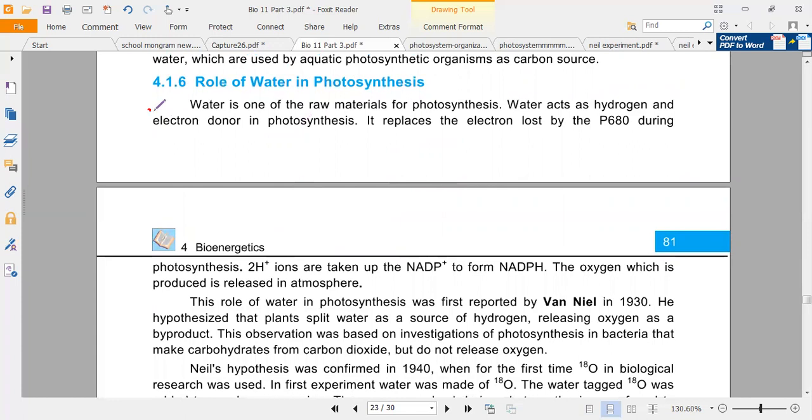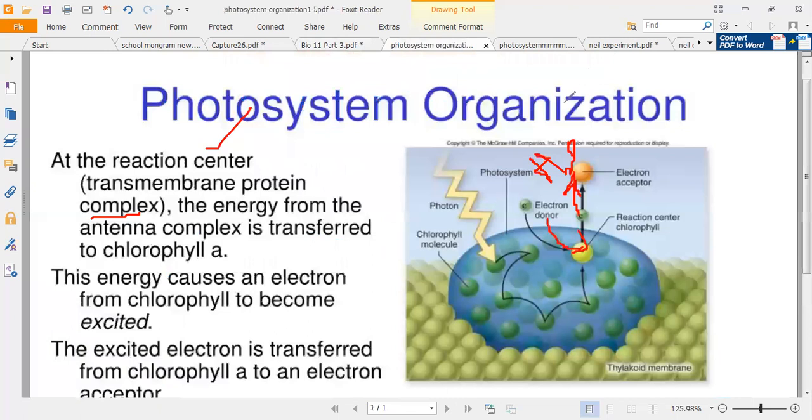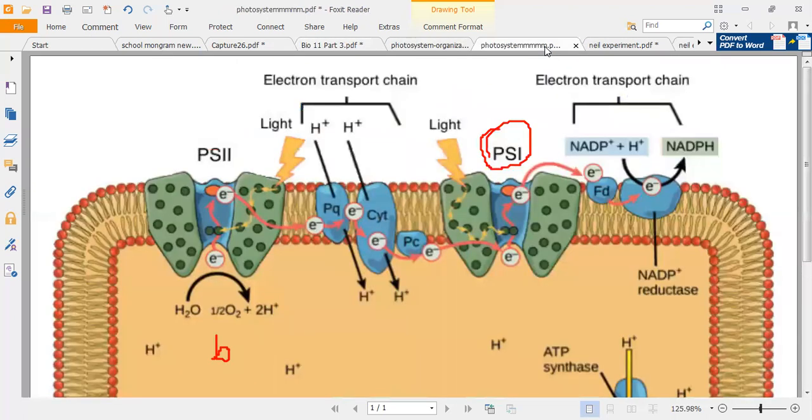Okay, if we talk about the role of water in photosynthesis, this is very, very important, as we have seen in this diagram. You can see here, PS2 absorbs sunlight and an electron is emitted from chlorophyll, and it moves towards the electron transport.